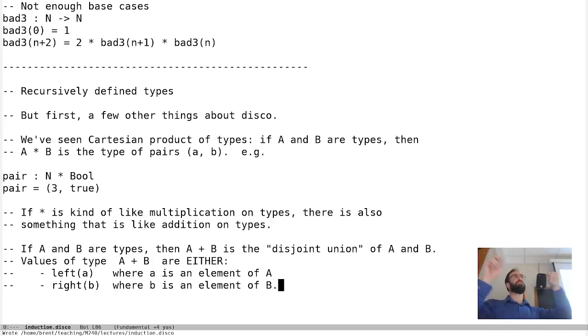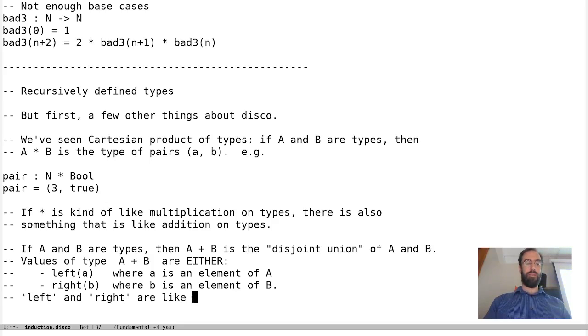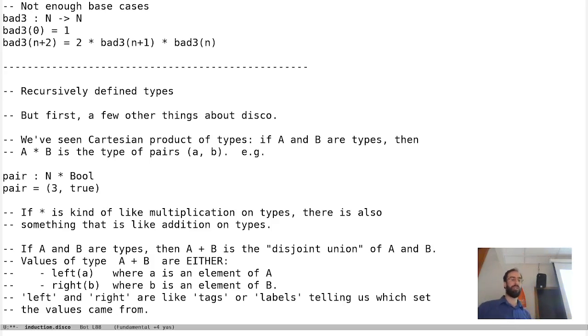And it's telling me this 2 came from the set on the left, and this 2 came from the set on the right. So that's what this is doing. So left and right are like tags or labels telling us which set the values came from. Does that make sense?